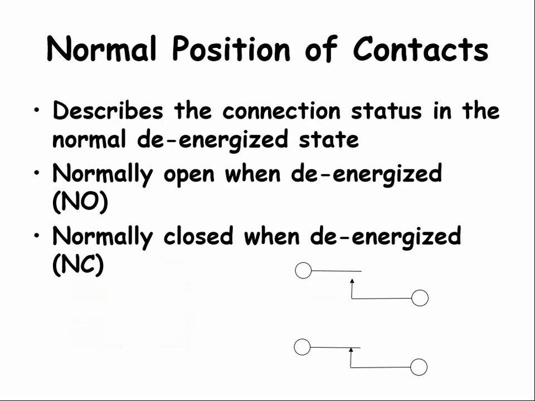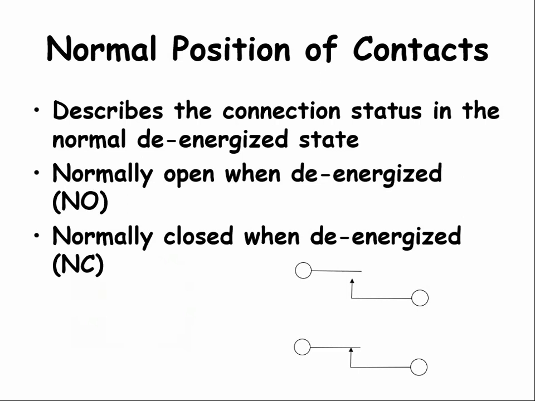Another characteristic of a relay and many other electric devices is called the normal position. The normal position tells us the relay or valve position in the de-energized state. The two little sketches illustrate the two options.